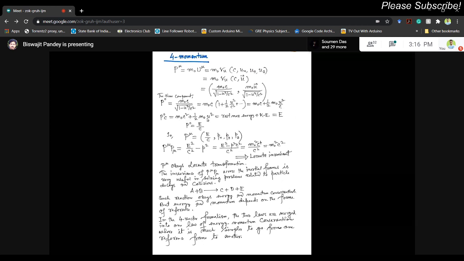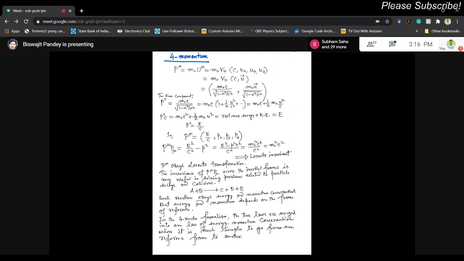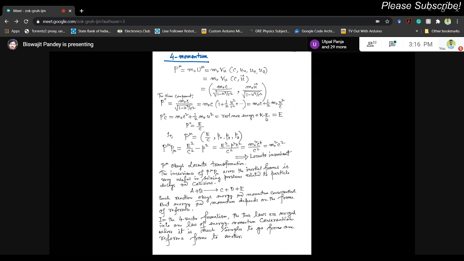Of course, this is non-relativistic; I can take the relativistic term as well. This is just to give you a physical interpretation of the first term. If you multiply the time component of the 4 momentum with c, that gives you the total energy of the particle, rest mass energy plus kinetic energy. That's the total energy that we have already seen here also.